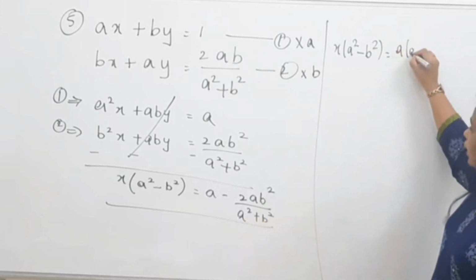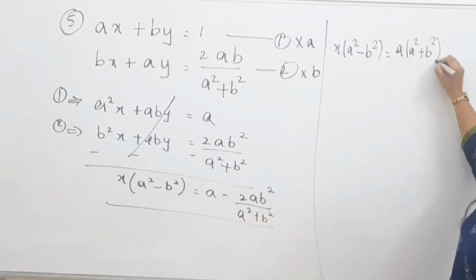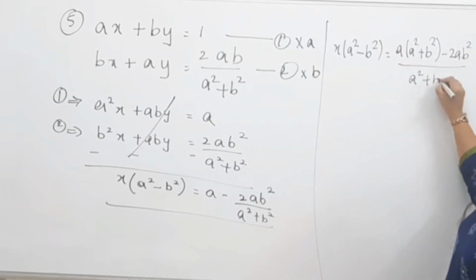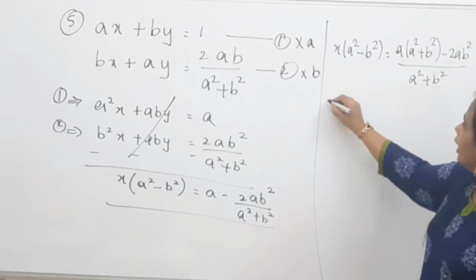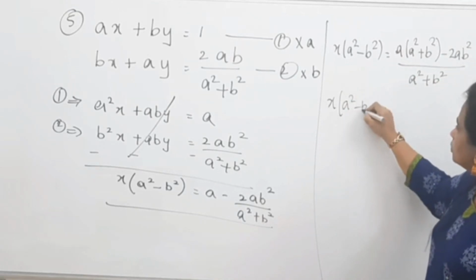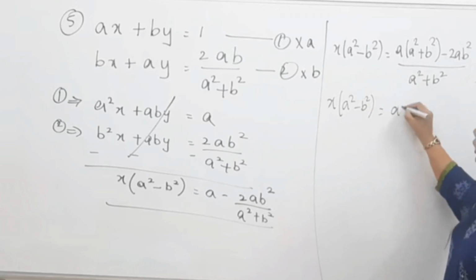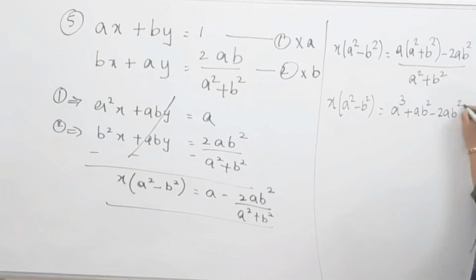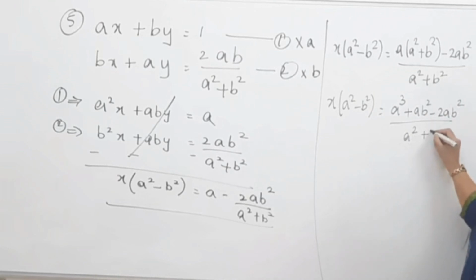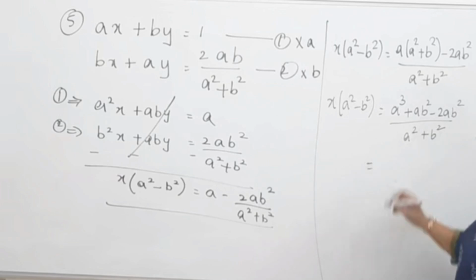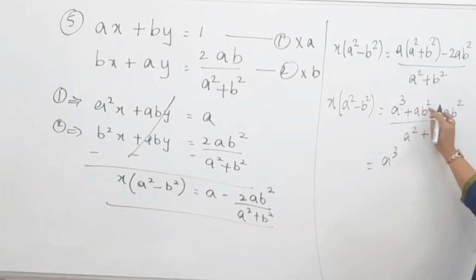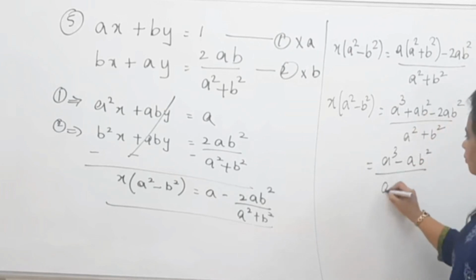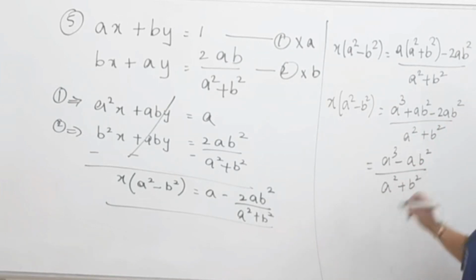So a into (a square plus b square) minus 2ab square, whole thing divided by a square plus b square. Now x into (a square minus b square) is equal to, I would have my a cube plus ab square minus 2ab square divided by a square plus b square, which is equal to a cube. This is plus 1ab square minus 2ab square is minus ab square divided by a square plus b square.